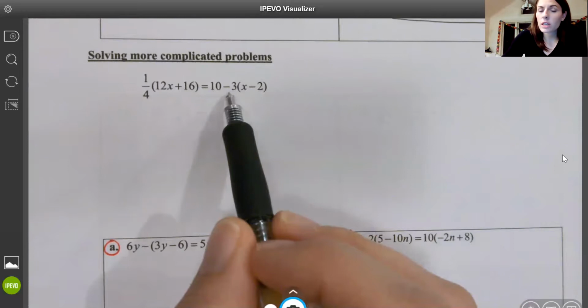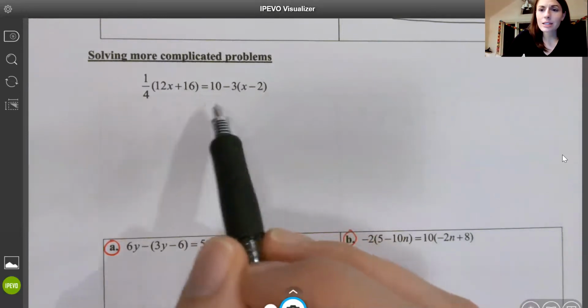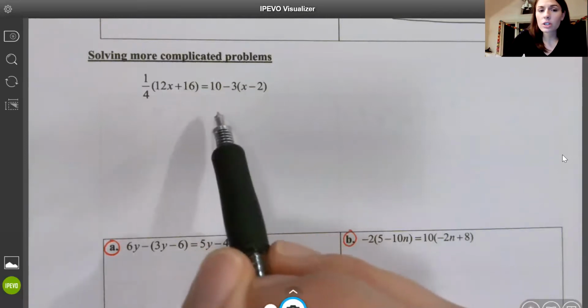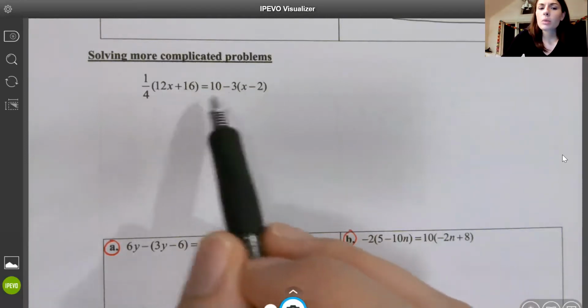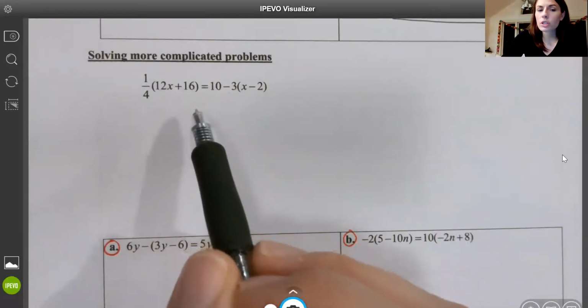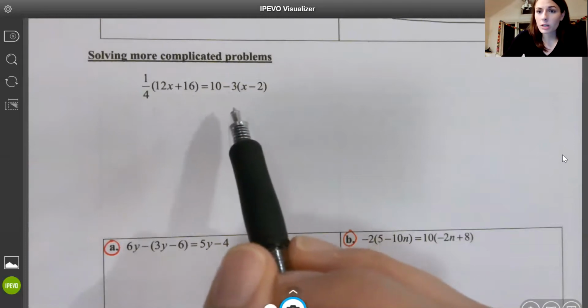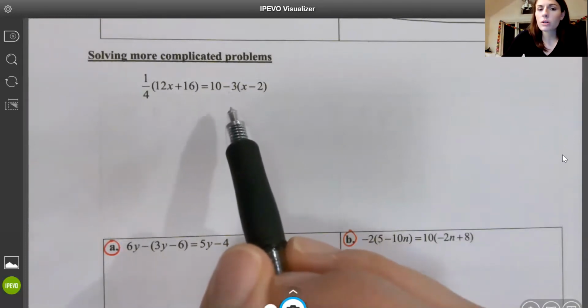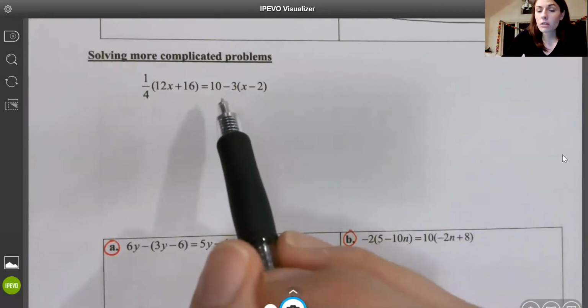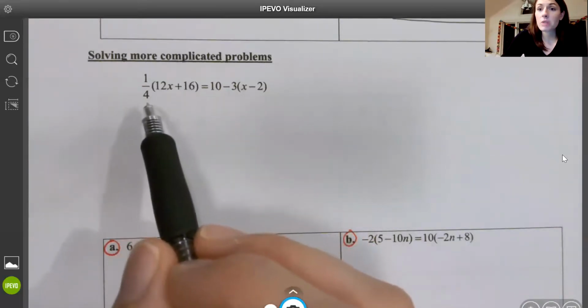I've just found that students tend to make errors on a setup like this. We're going to talk about clearing fractions next lesson anyway. But if there's just one fraction, I can see it's going to distribute through just fine.